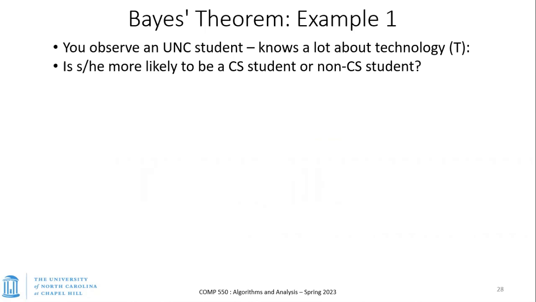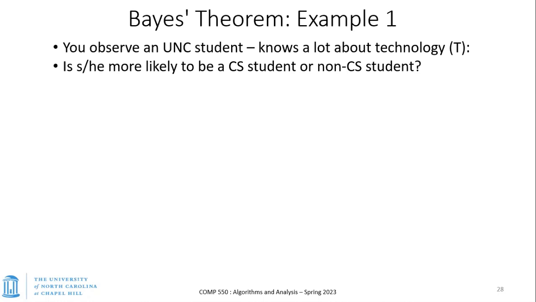So let's say that you observe one of your colleagues. He or she is a UNC student, and that person knows a lot about technology. So he's what you might refer to as a techie. Now you know that the majority of UNC students are not computer science majors. You guys are a minority, obviously. There's a whole bunch of other majors.